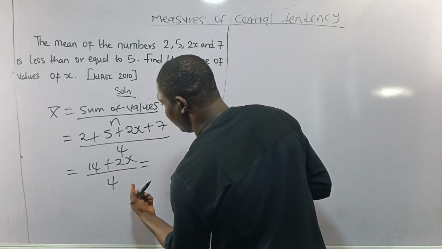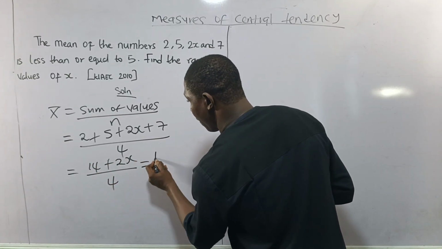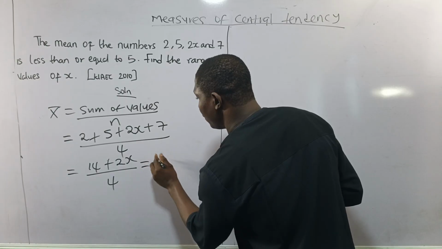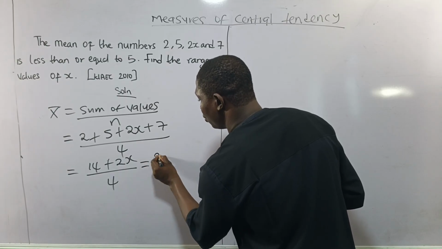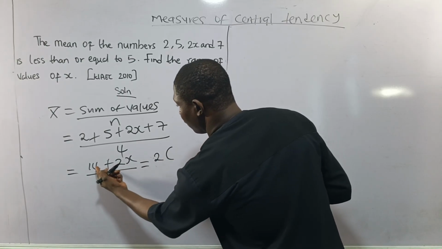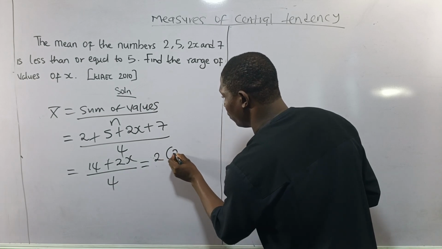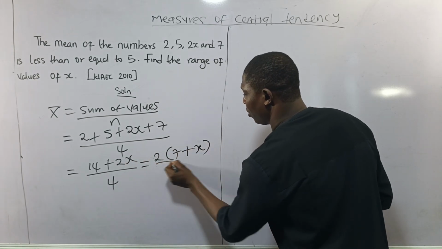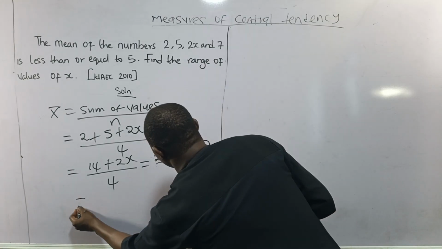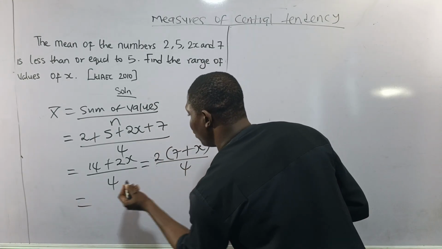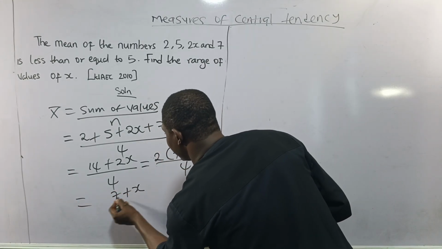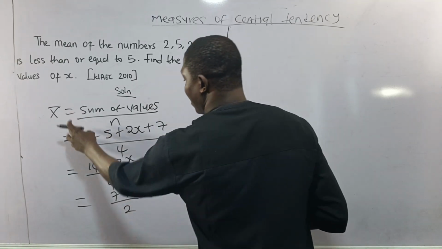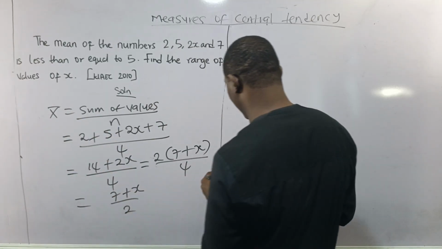This can be broken down, since 2 is common: 2 brackets, 14 divided by 2 is 7, plus 2x divided by 2 is x, all over 4. Then 2 can cancel 4, so I have 7 plus x all over 2. So my mean is 7 plus x over 2.